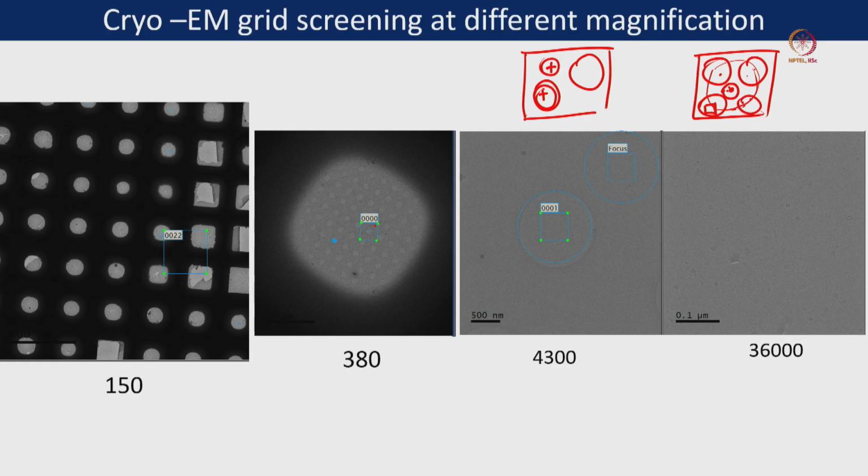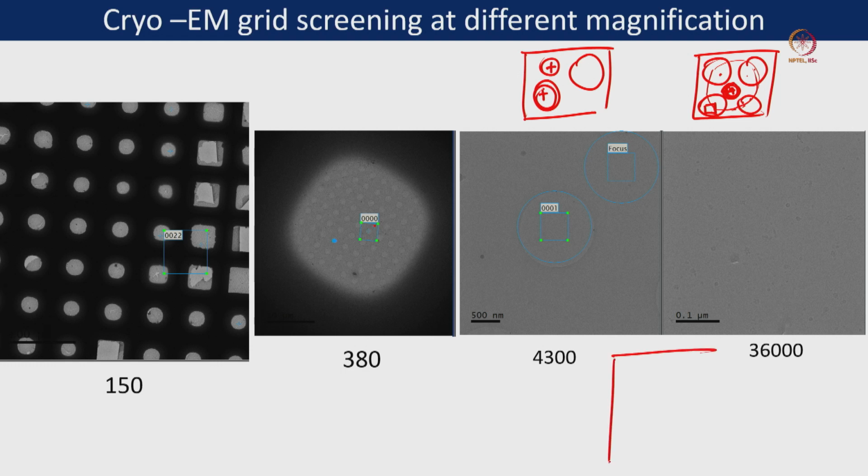So we have to maintain a proper beam diameter here, and we have to position that beam diameter in such a way that it should not touch any other holes when we are going to do the imaging.